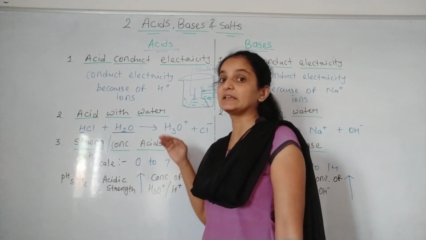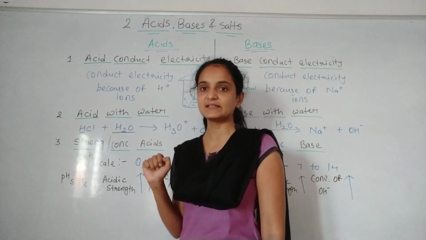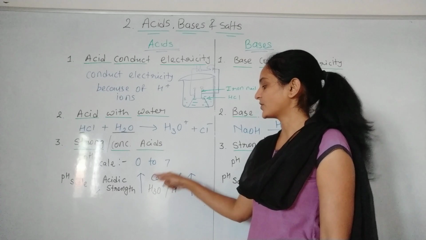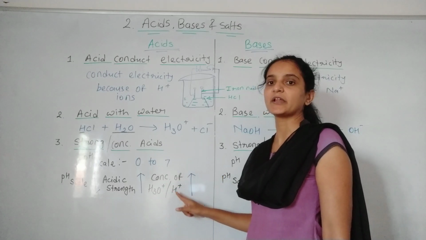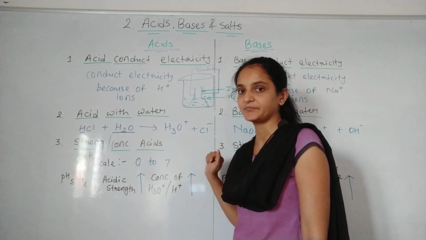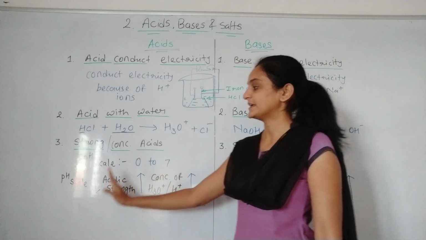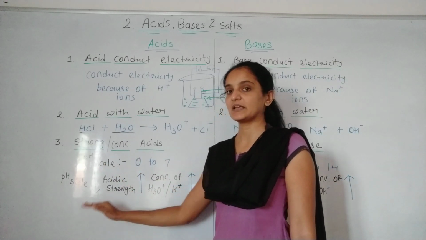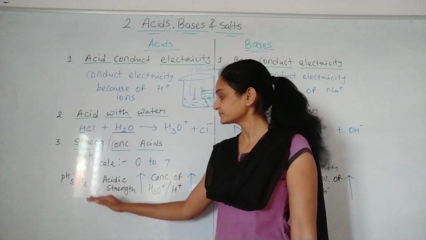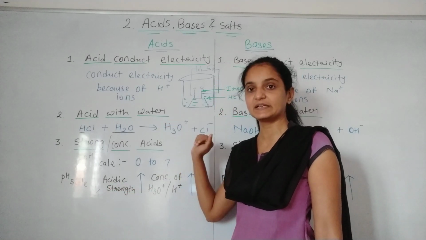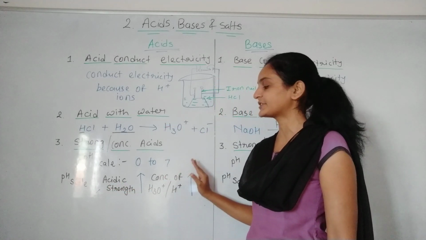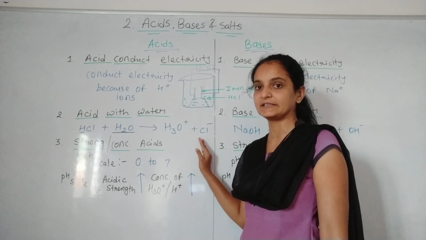Acidic strength is increasing. Why is acidic strength increasing? Because the concentration of hydronium ion or H plus ion increases. Once again I am repeating, pH decreasing means 7, 6, 5, 4, etc., then acidic strength is increasing because the concentration of hydronium ion increases.